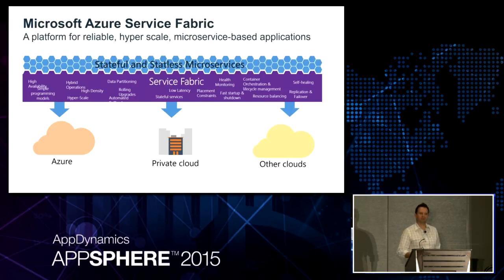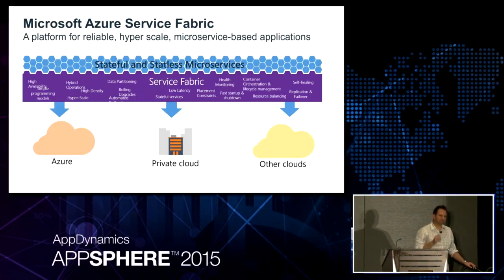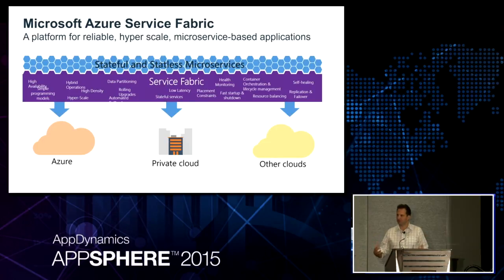So you could set up your cluster anywhere. At the foundational level, where it says Service Fabric, when you install Service Fabric, first and foremost, it sets up a cluster for you. It's a first-class orchestrator. It does resource balancing. It basically does everything you need in a distributed computing system, right?